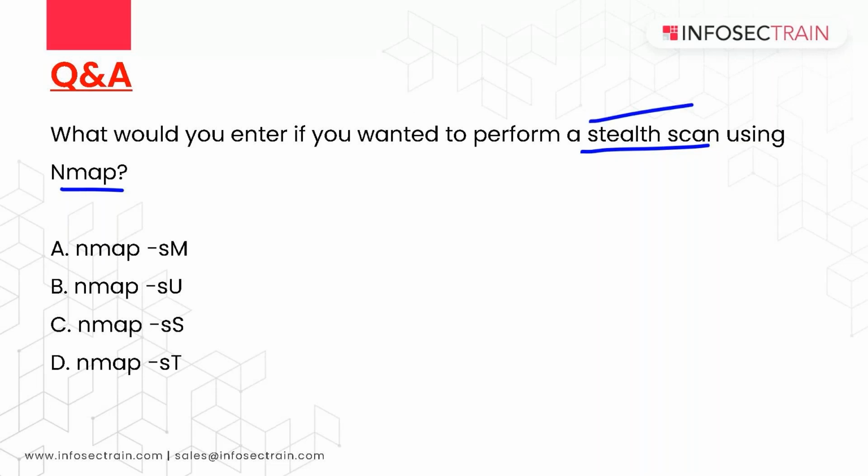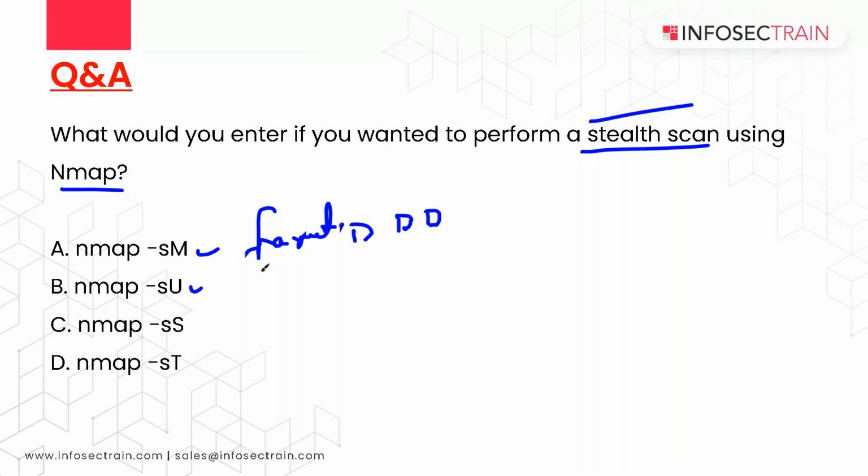So we are having the option A, nmap -sM, which is the option for performing the fragment scan. This fragment scan is going to break our packets into smaller pieces, and it is used whenever you have to evade firewalls. So in those scenarios we are using this fragment scan.